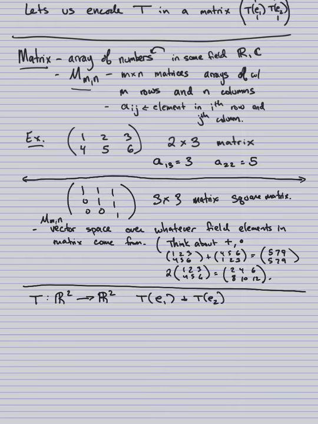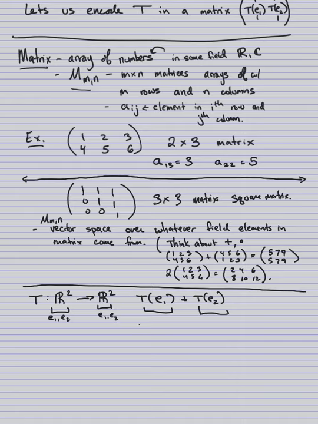And now notice, we also have a basis for R2, right? We have a basis for the domain. So here, since it's the same vector space, I can make it the same basis, okay?